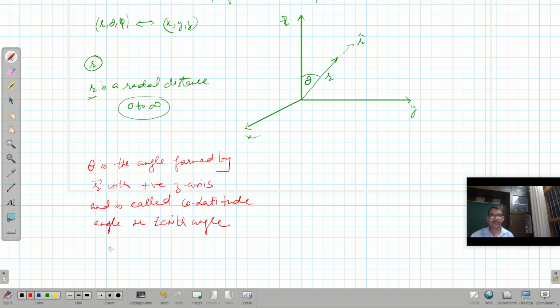And it varies from 0 to pi, as I discussed here. Now let me talk about what is phi.